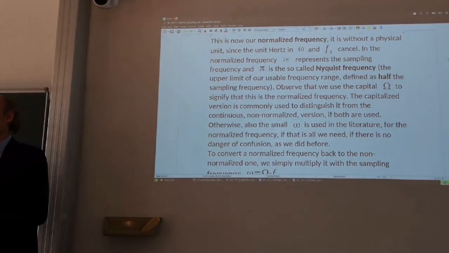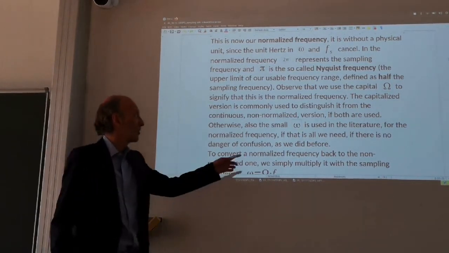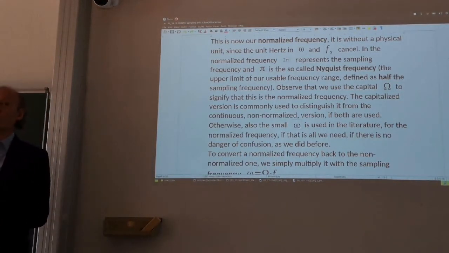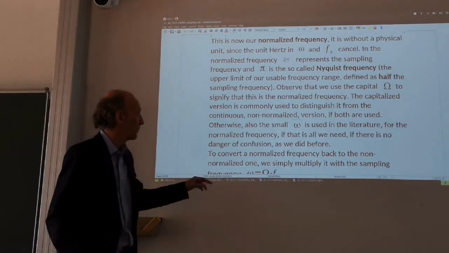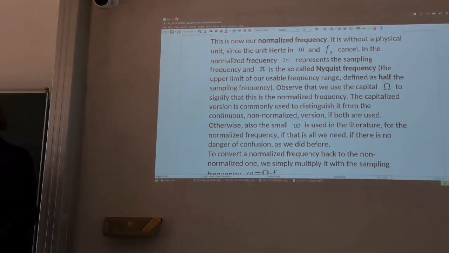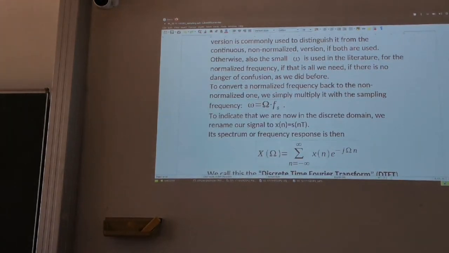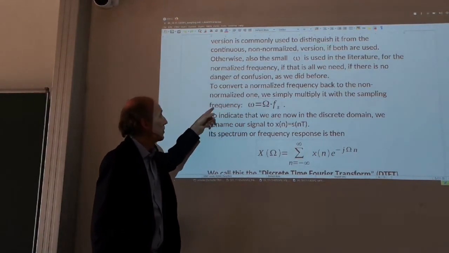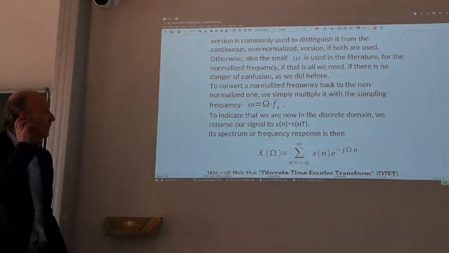If you have a book about discrete time systems and signals, then usually you see this lowercase omega, but what is meant is the normalized angular frequency, because there's no danger of confusion. To convert the normalized frequency back to the non-normalized one, you simply multiply it with the sampling frequency. So going back and forth is quite easy.